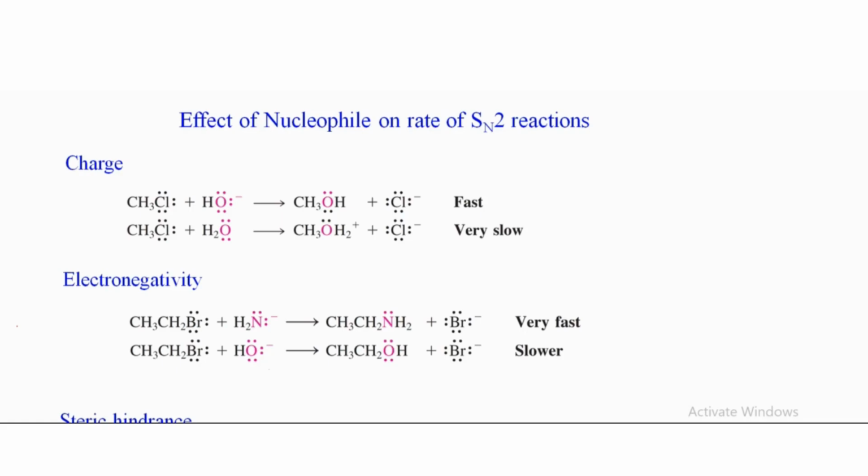The first 2 factors we already discussed, that is the nature of the alkyl group and the leaving group, that is the halogen. Now, we are going to discuss the nucleophile, how the nucleophile will influence the rate of SN2 reaction.